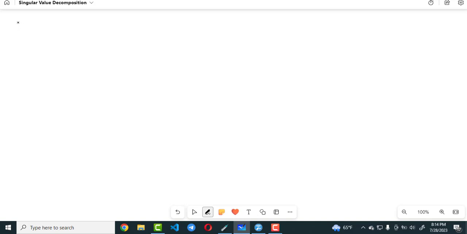For example, it can factorize a matrix M of different size, given M by N dimension.